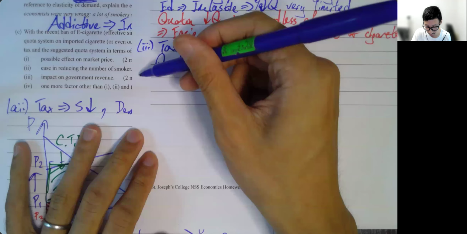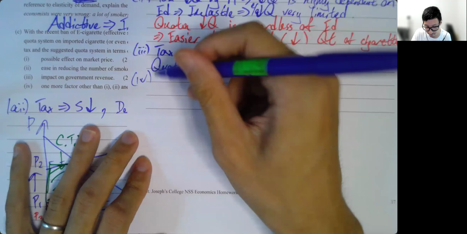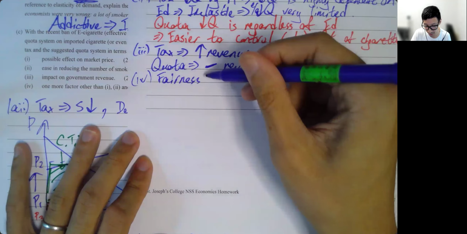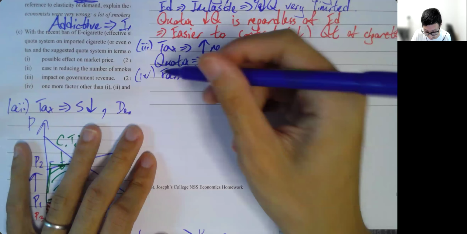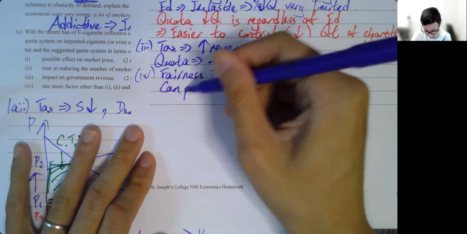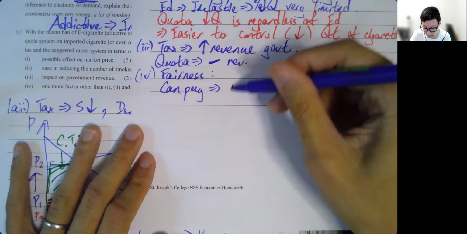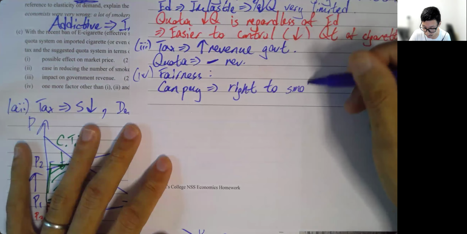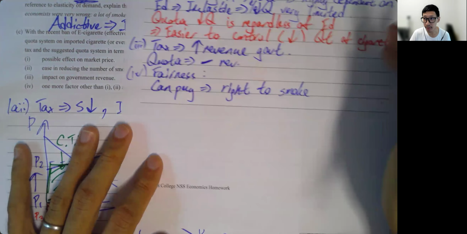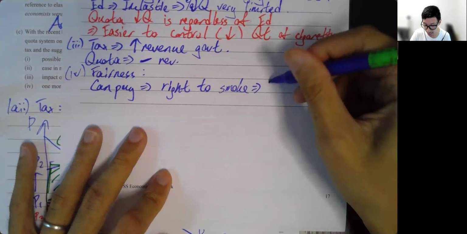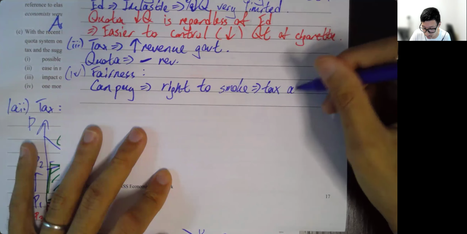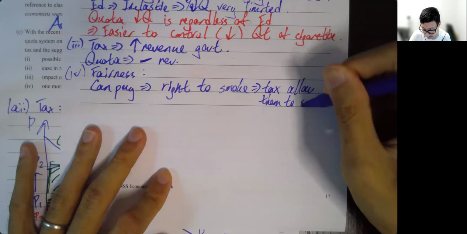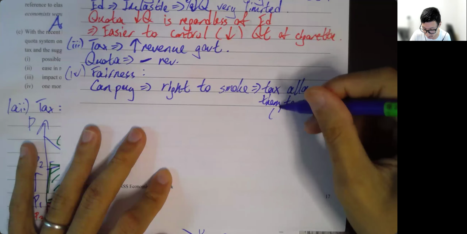I have a suggestion for you. What about fairness? Okay, you can argue that if people can pay, then they should have the rights to smoke. Okay, 好嘛？ Therefore, a tax still allow them to smoke, which is fairer.